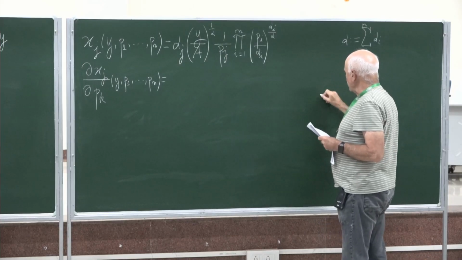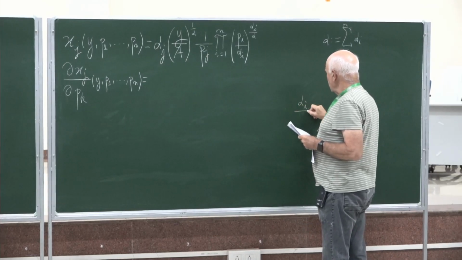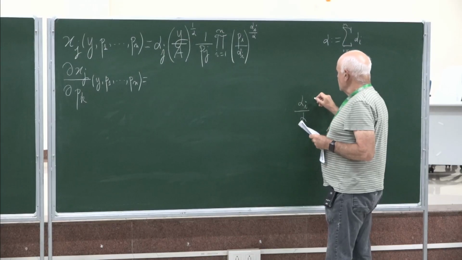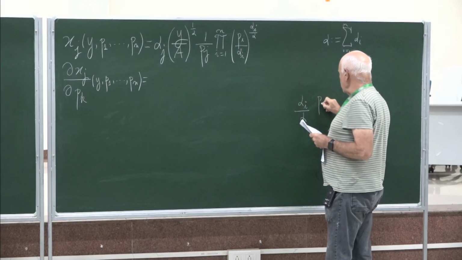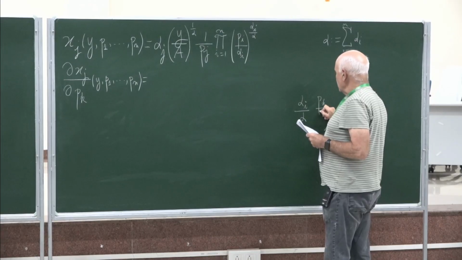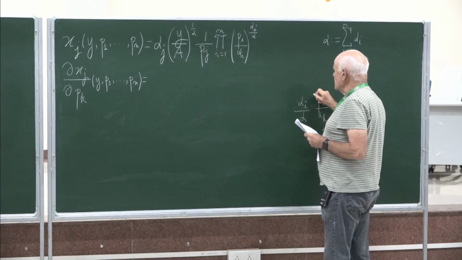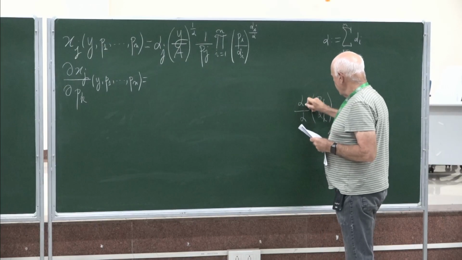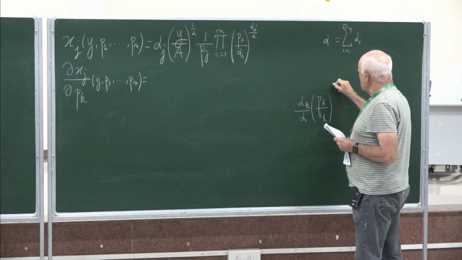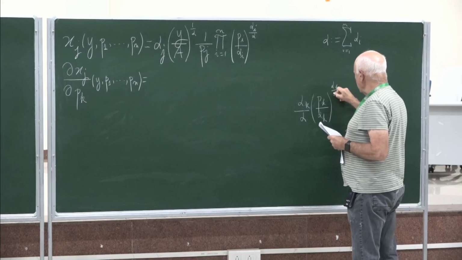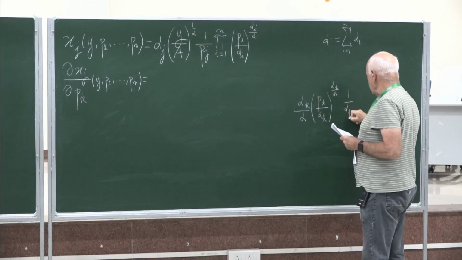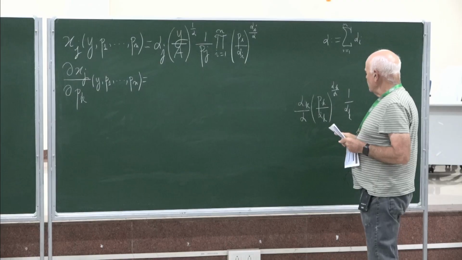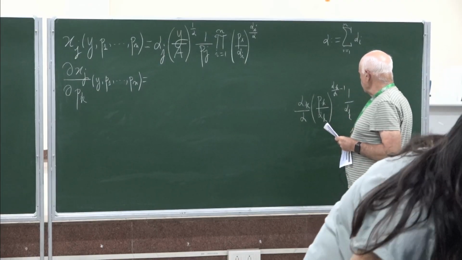So for this factor, the derivative would be alpha_k over alpha times p_k to the power alpha_k over alpha times 1 over alpha_k, minus 1.